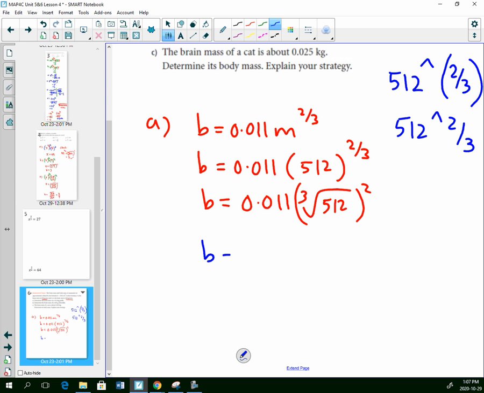Or you could do the root separately. So I could do the third root of 512, which is 8, and then square that, which is 64, and then get my answer.